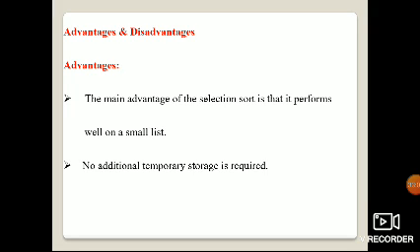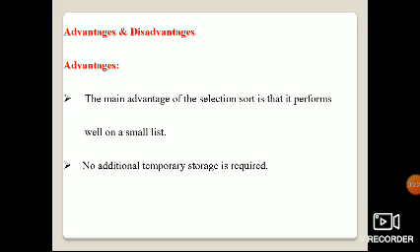Cost of writing to memory matters, like in flash memory. The number of writes by swaps is O of n, as compared to O of n square for bubble sort.